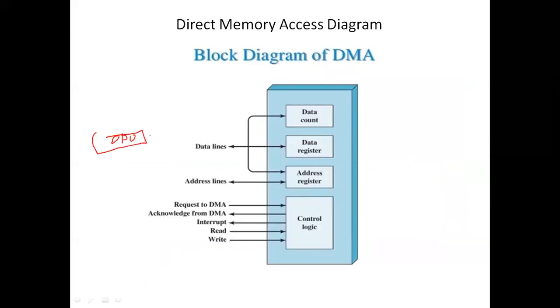Whenever a processor is required to read or write a block of data, or wants to transfer a block of data, it instructs the DMA controller by sending the following information. The first information is whether the data has to be written to the memory or read from the memory. So the first one is write or read from memory.